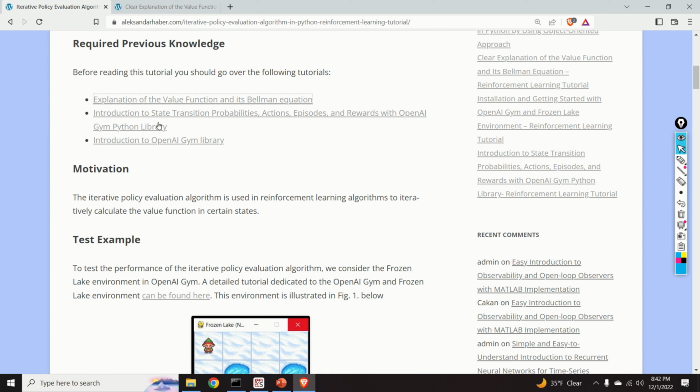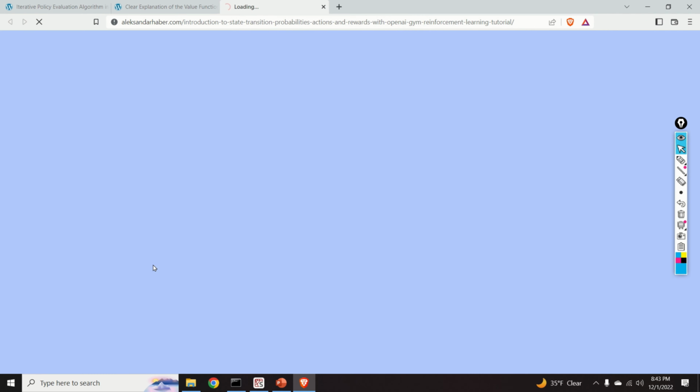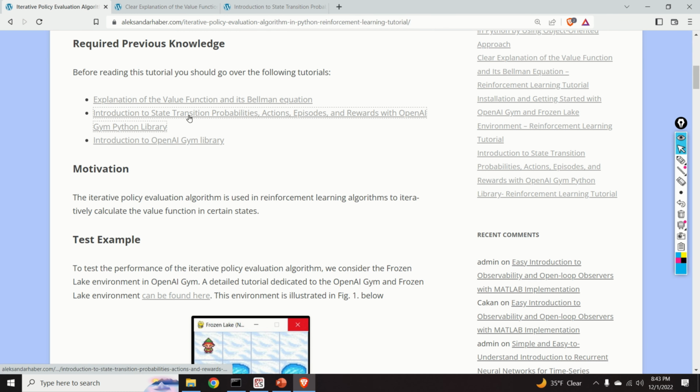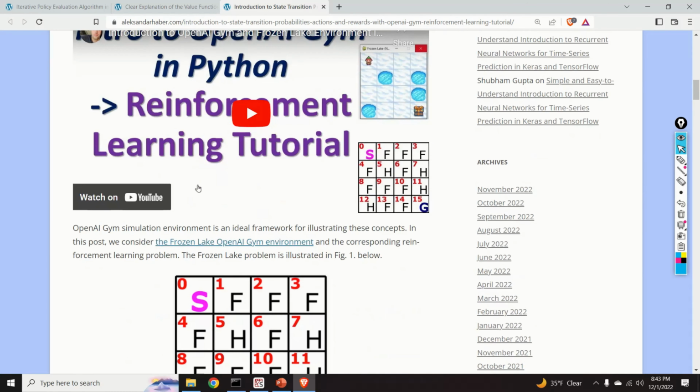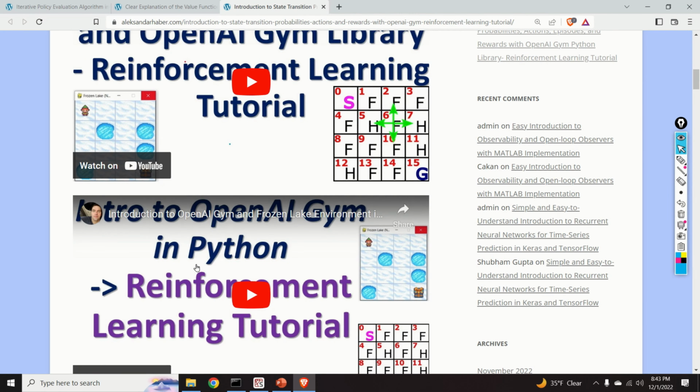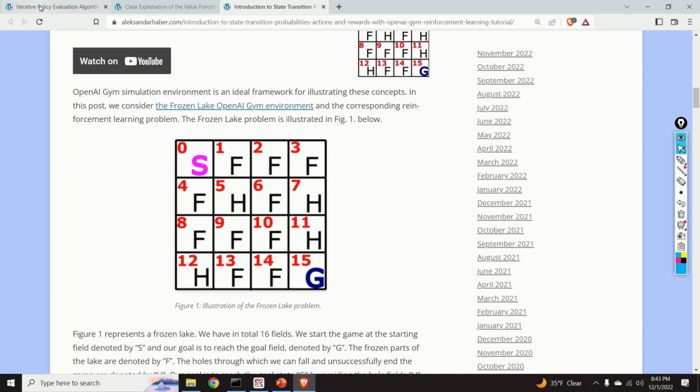Then, you need to become familiar with state transition probabilities, actions, episodes, rewards, and the OpenAI Gym library. You can learn these topics by following the second link. And here's the post, and here are two YouTube video tutorials.